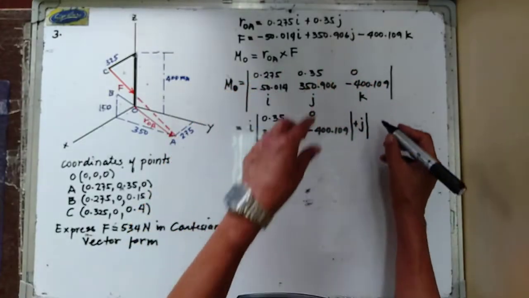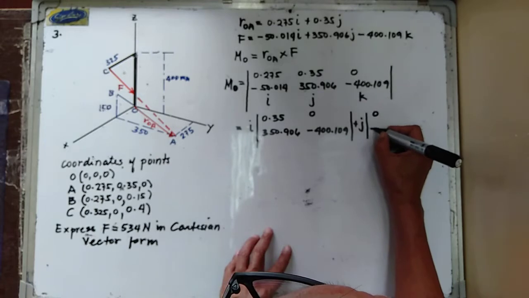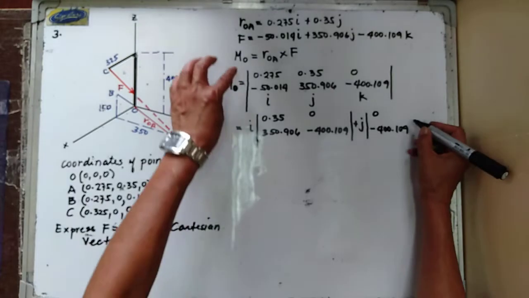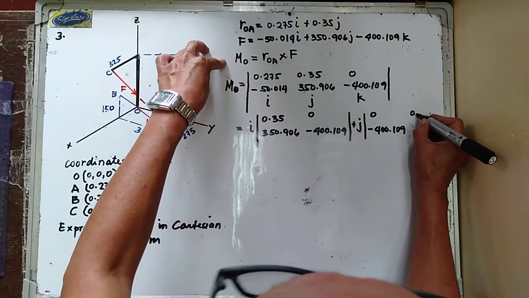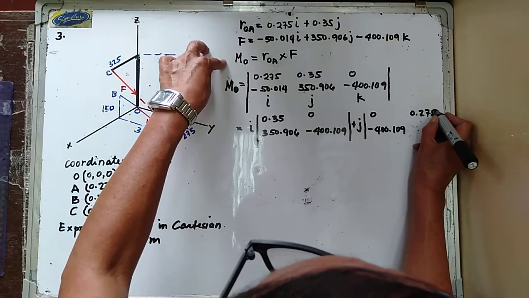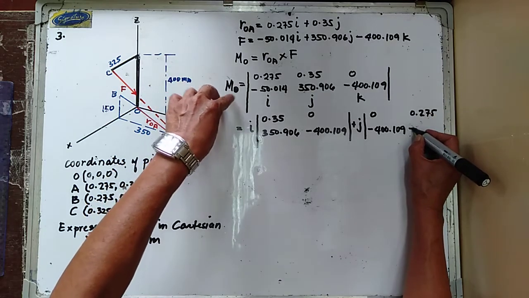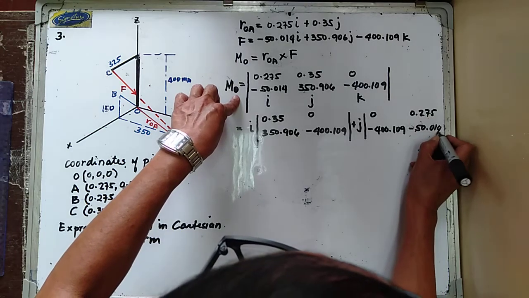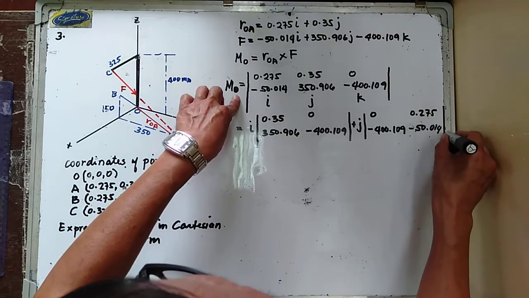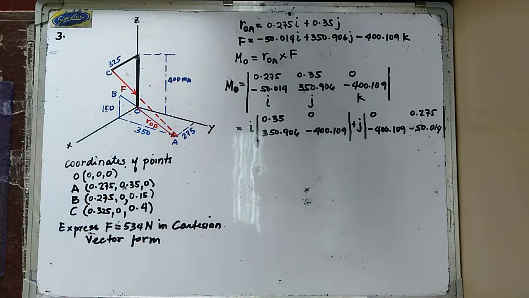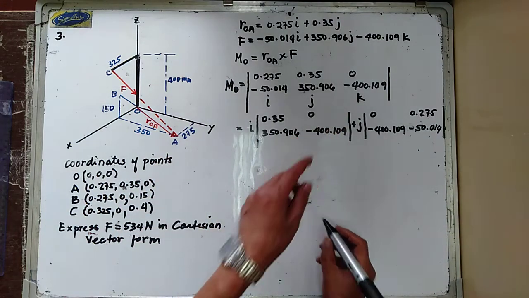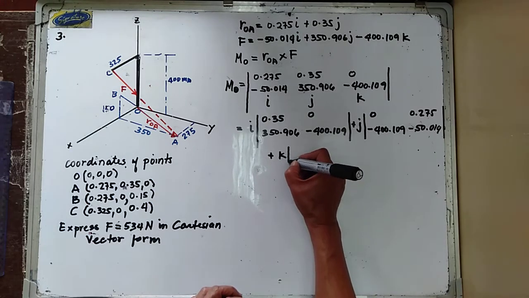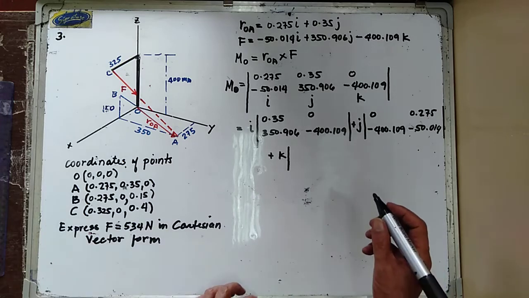What's left is 0, negative 400.109, 0.275, and negative 50.014. Plus k, and then remove again the row and column of k.